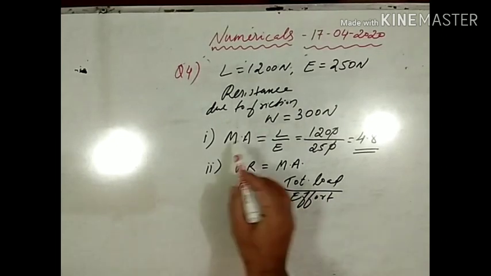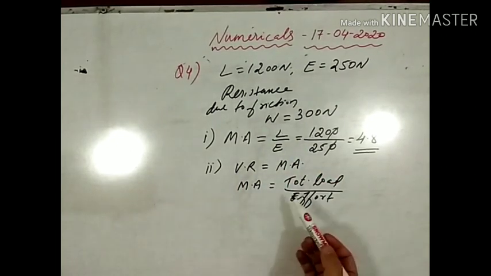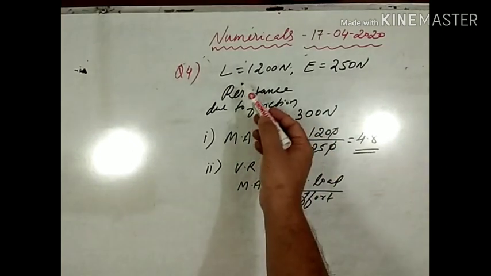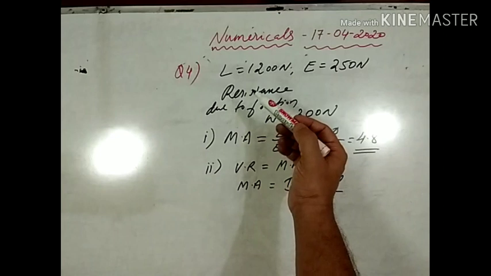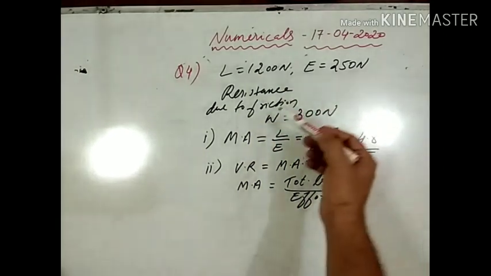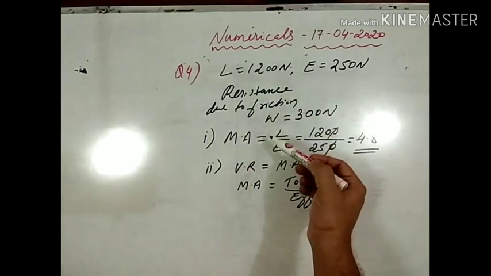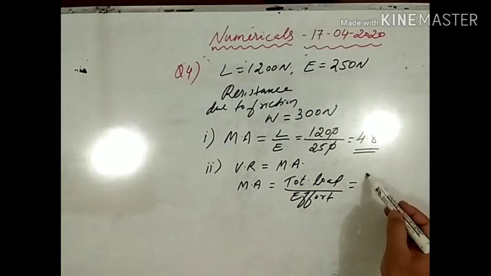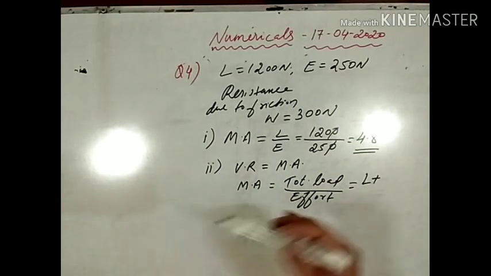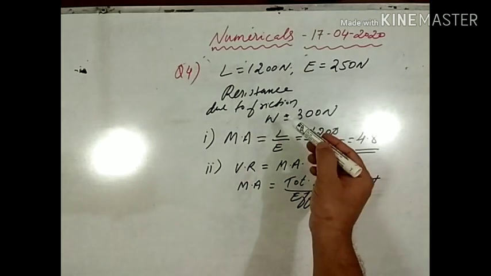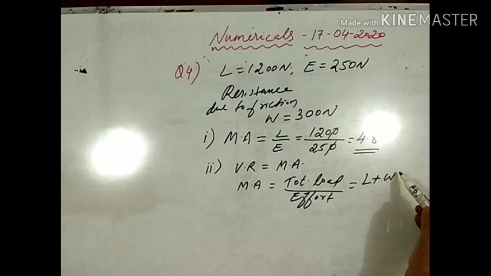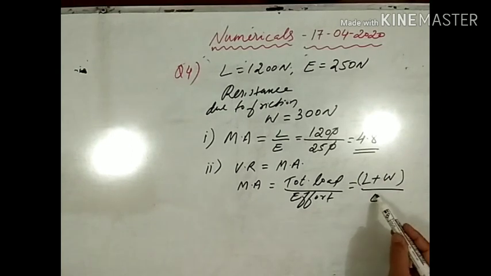We know the formula, mechanical advantage is equal to load upon effort. We are applying the total load because we have the load which is to be lifted and another resistance due to friction, that is also known as load. That is, total load will be equal to the load to be lifted, L, plus the resistance due to friction, W, upon effort.